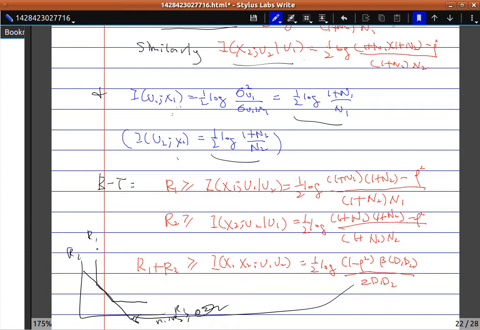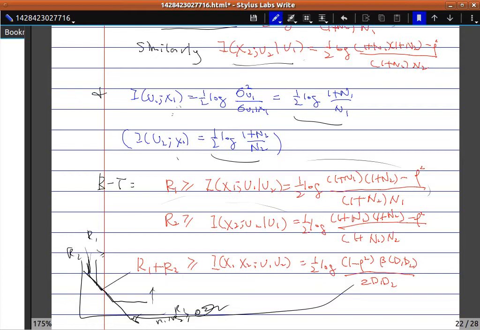And R1 is bigger than or equal to this thing here, and R2 is bigger than or equal to this thing here, for a particular chosen M1 and M2. And actually, if you choose another M1 and M2, you should have something else, right?